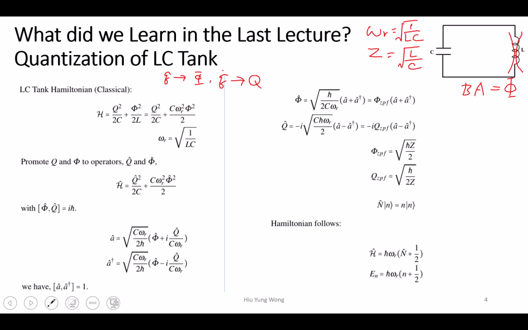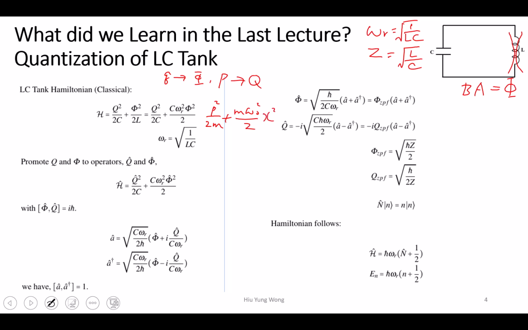So this is like what we did in the simple harmonic oscillator, and it resembles P squared divided by 2m plus m omega naught squared divided by 2 times x squared.